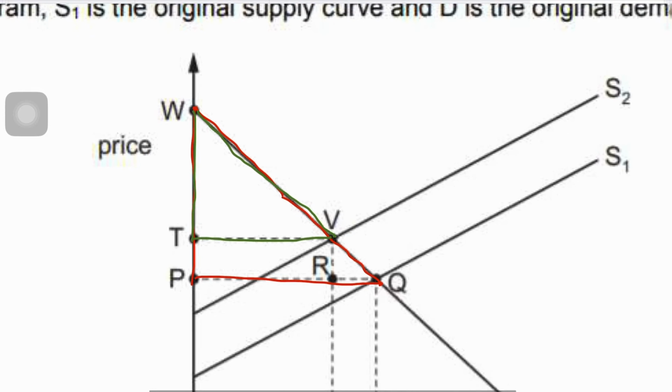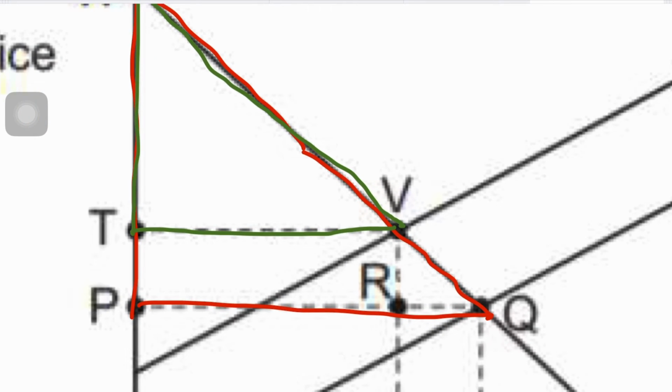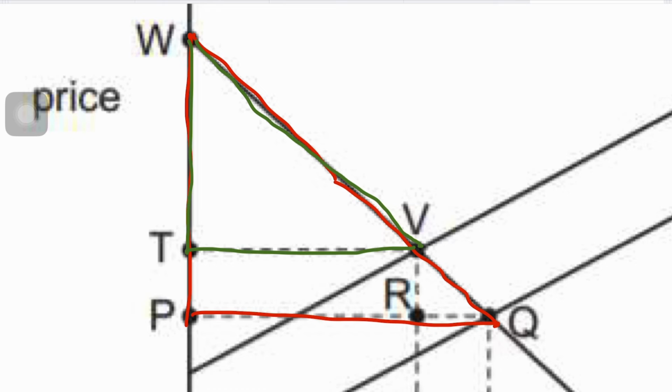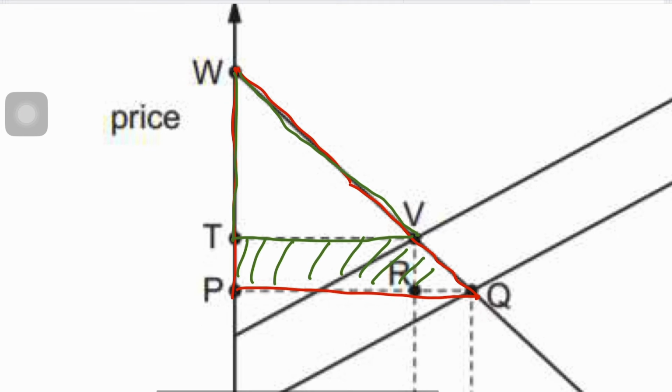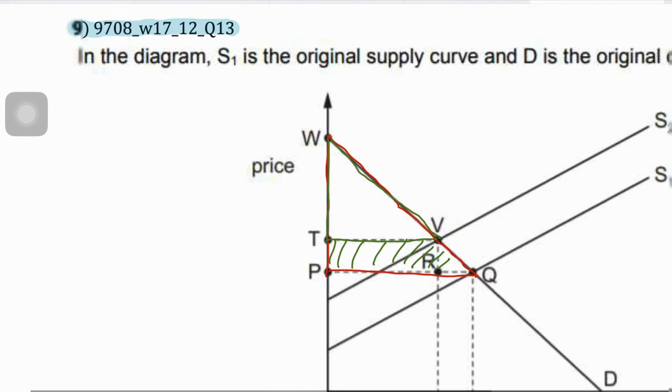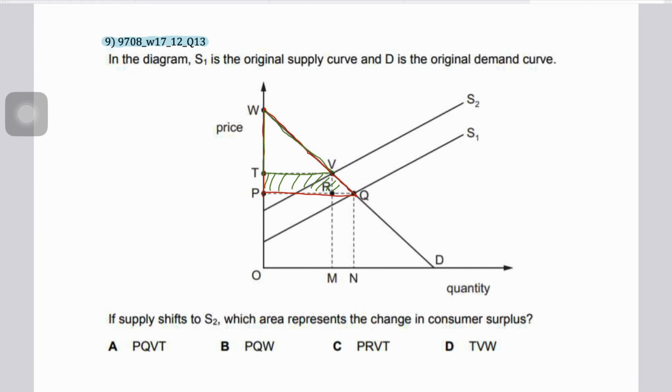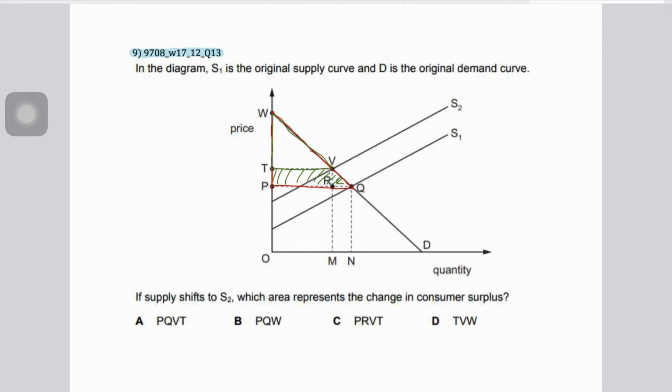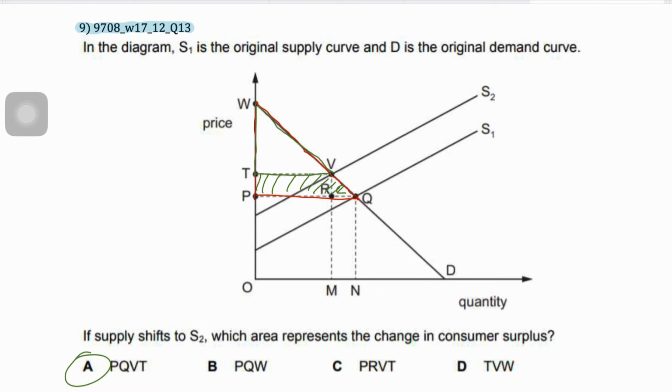So your consumer surplus is going down by this region, which is simply PQVT, or whatever order the letters are arranged in the answer option. So A is the correct answer. This represents a fall in consumer surplus.